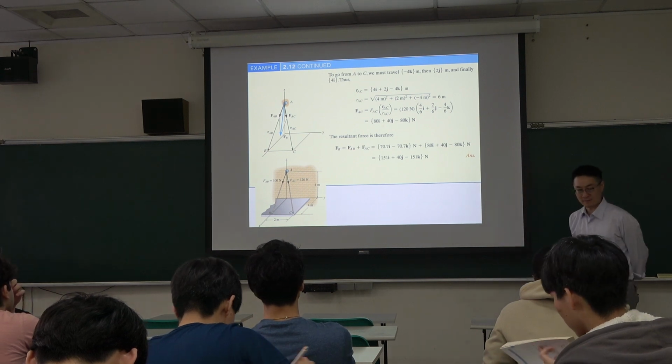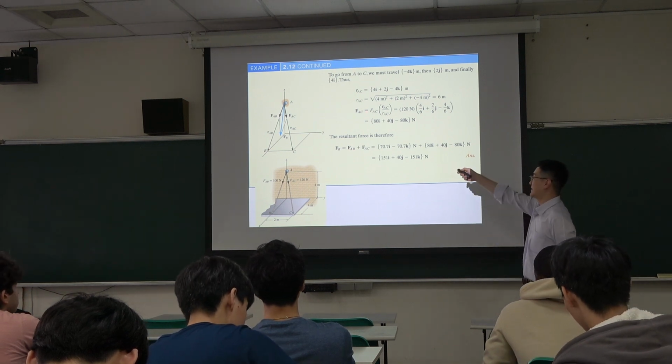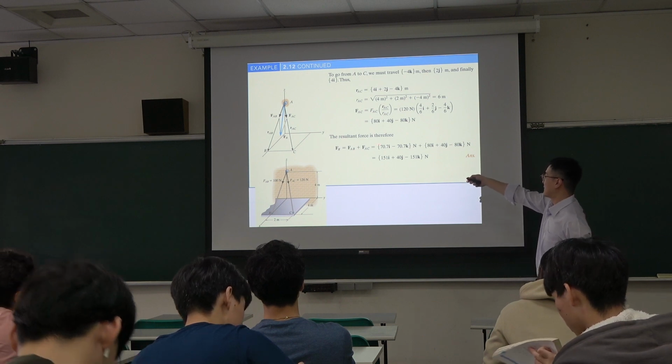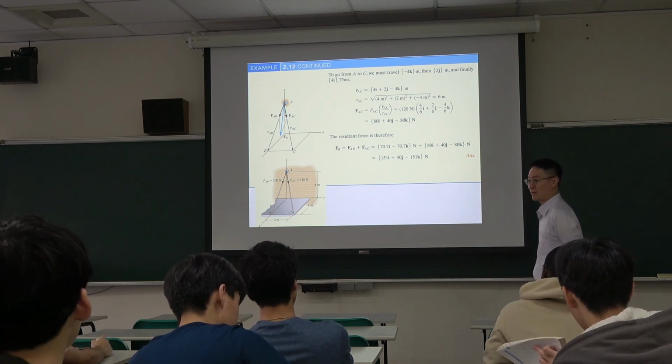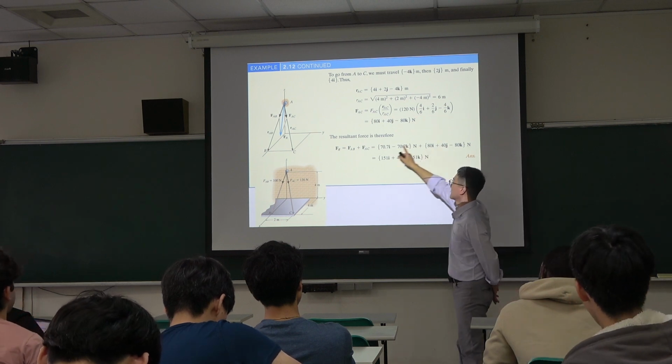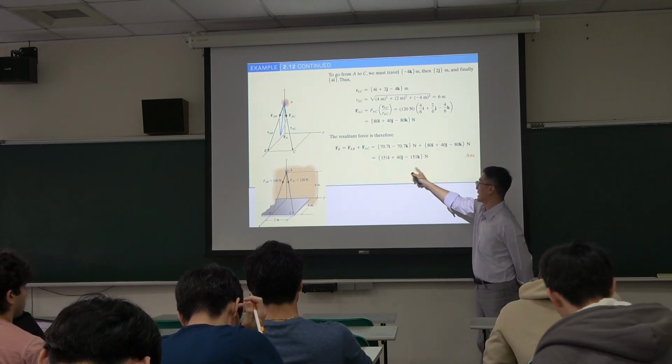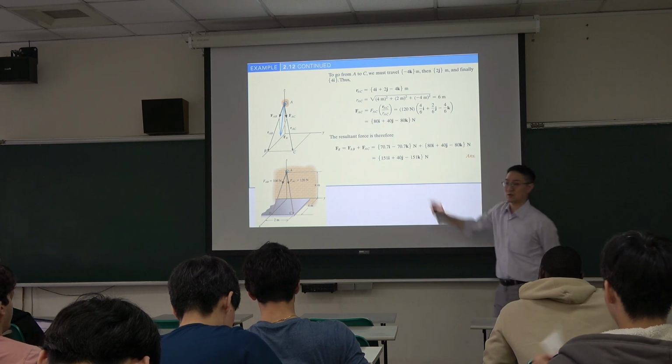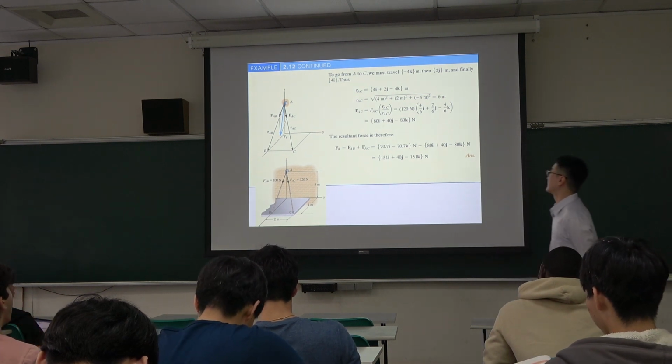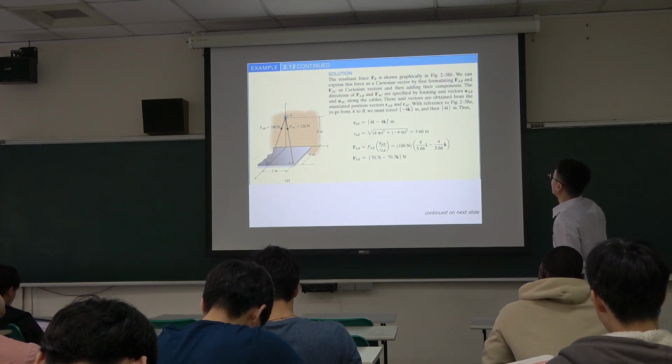So we have FAB, we have FAC, summation, both of them added together. So resultant can be represented using this. Okay, we check what's the requirement.